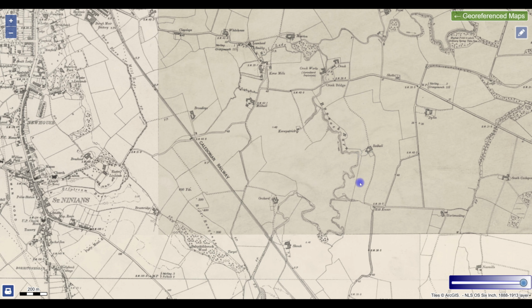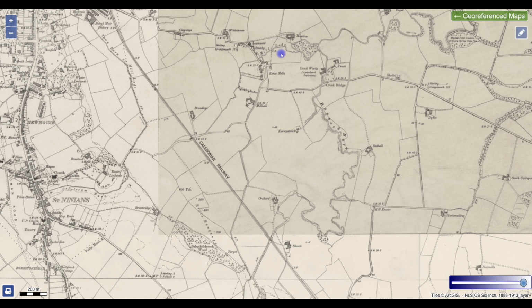And what else do we have here? Redhall Farm, Kilnose on this side of the Bannockburn, and Millhall, Carse Mills and Crook Works, which are important areas to the Battle of Bannockburn. Here we can see Millhall Road, the zigzag road, and alongside it, this is a Pell Stream burn, as it goes into its confluence with the Bannockburn here, which is an interesting area because that has now changed course, which I will show you.